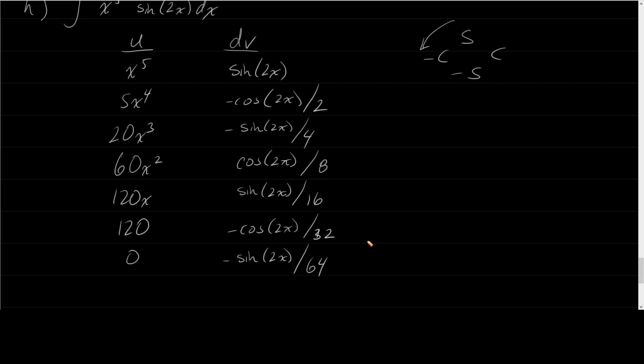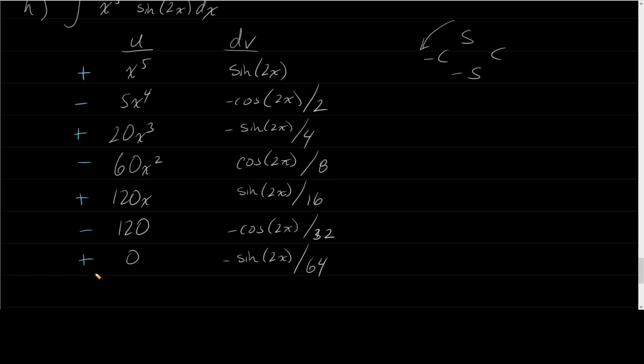Now, the next thing we're going to do is start writing these symbols: plus, minus, plus, minus, plus, minus, plus. I started with a plus. We always start with plus, and then we alternate them.